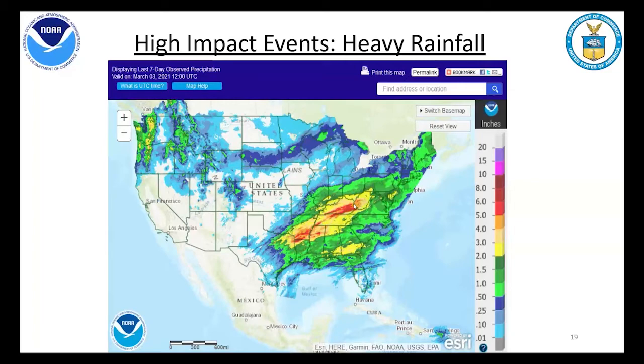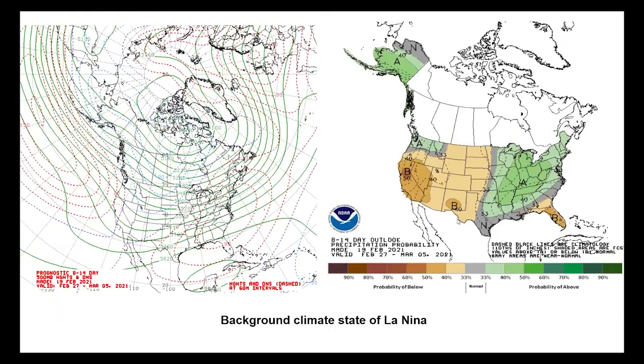Picked this one out because early spring's always a potentially high impact time of year for flooding across the Ohio River Valley. And also this was consistent with La Nina as we transitioned from the winter to the spring.